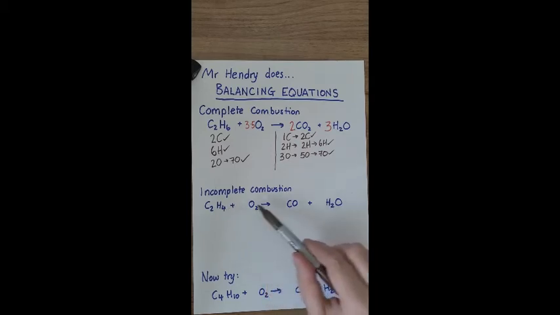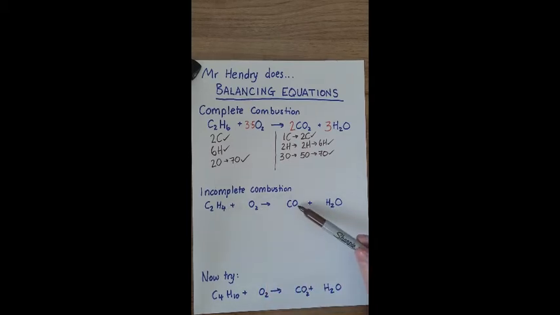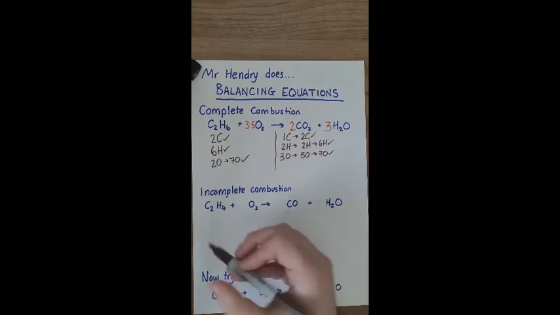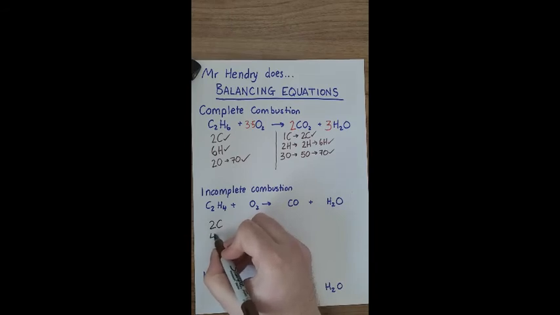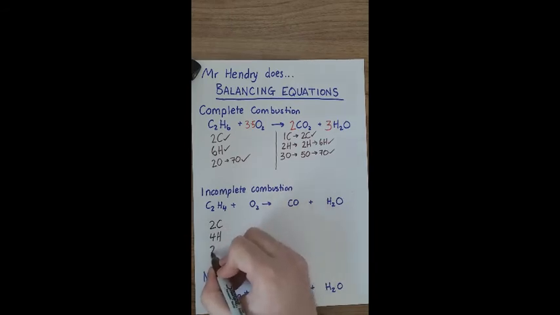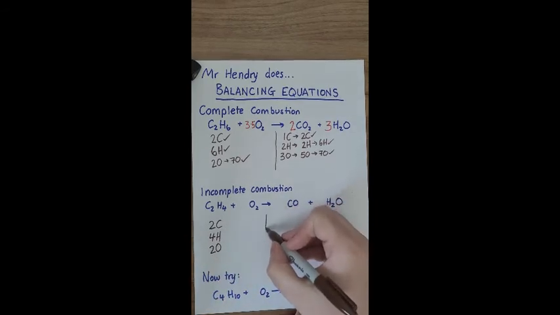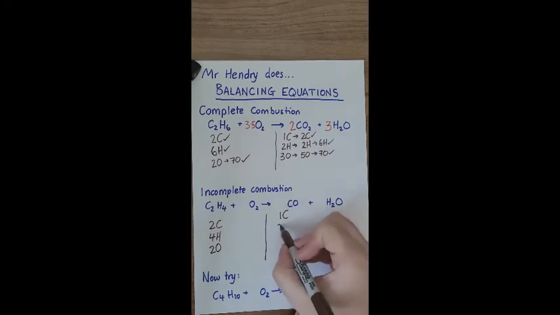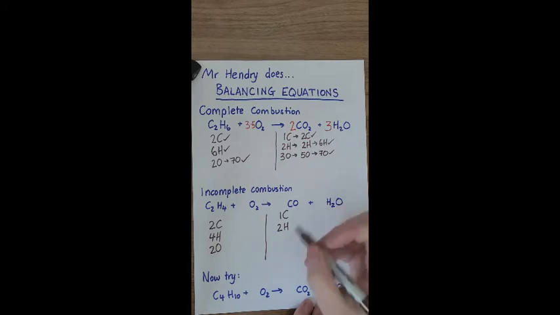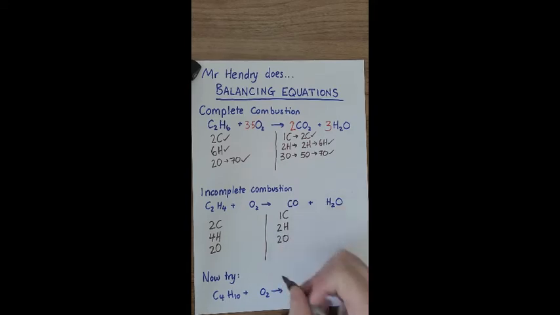So we've got ethene plus oxygen going to carbon monoxide plus water. We're just going to do exactly the same as what we did last time, and we have 2 carbon, we have 4 hydrogen this time, and 2 oxygen to start with. We have 1 carbon, we have 2 hydrogen, and we just have 2 oxygen to start with here.